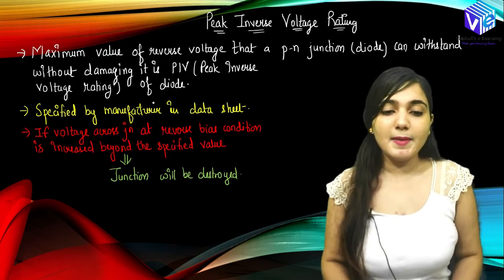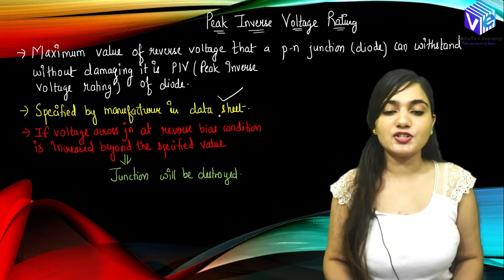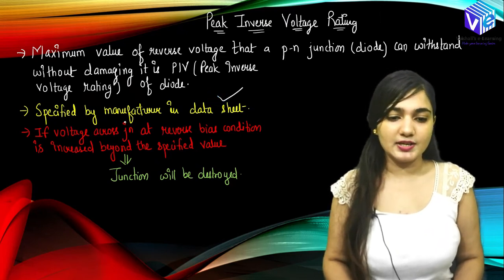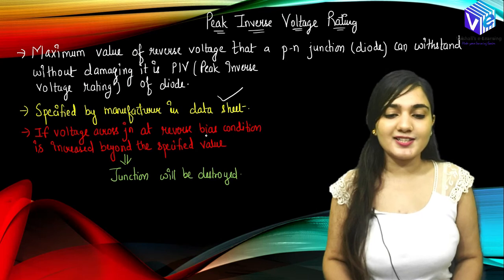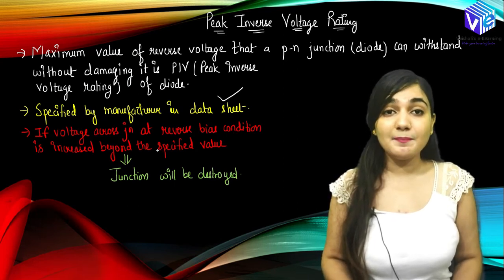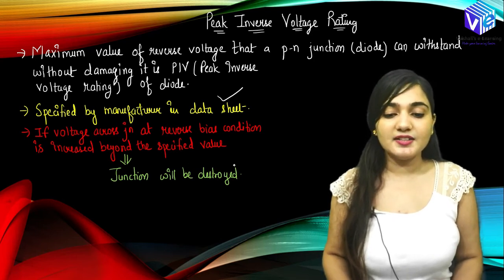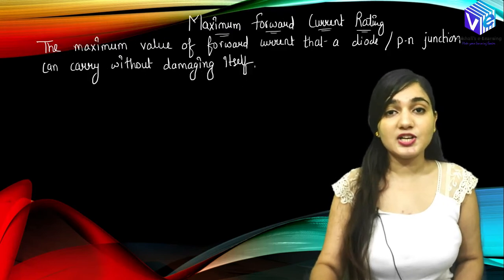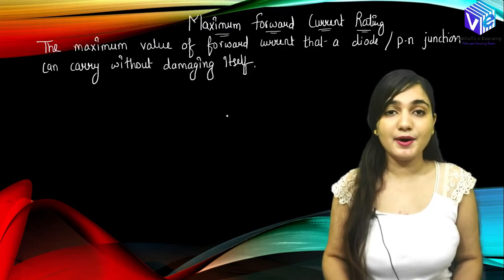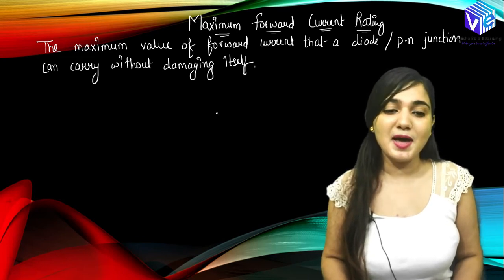Again, the peak inverse voltage rating is specified by the manufacturer in the data sheet. If the voltage across the junction in reverse bias is increased beyond the peak inverse voltage specified by the manufacturer, again the junction will be destroyed. I don't want my junction to be destroyed, so I will be working below the peak inverse voltage rating specified by the manufacturer.